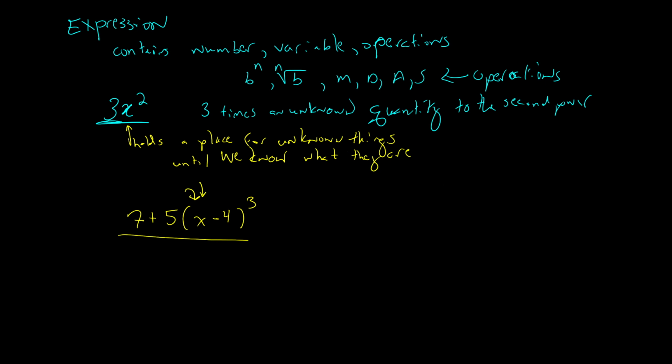But if I were to say if x equals 6, well, now this does a really nice thing, and we'll look more and more into what the equal sign does, but it tells me wherever I see this, I can put this.